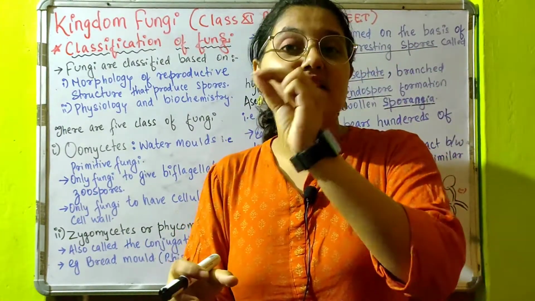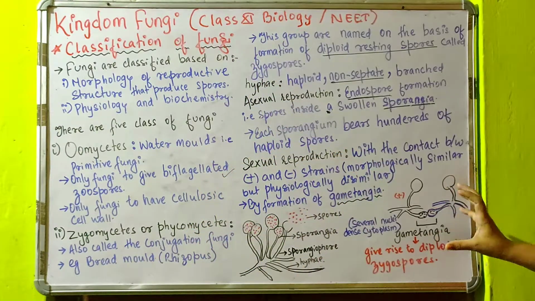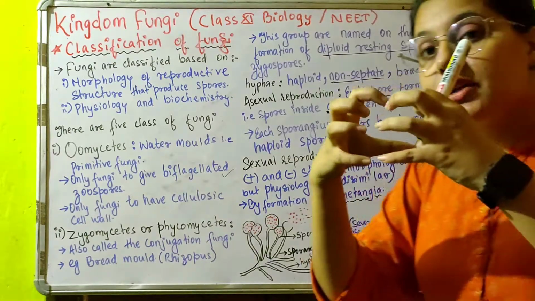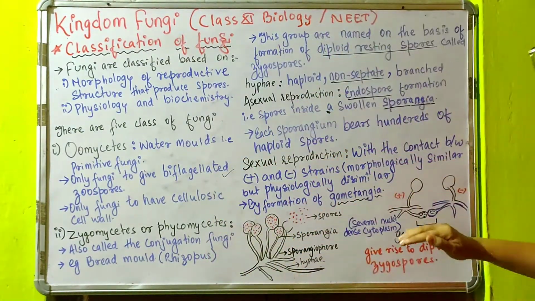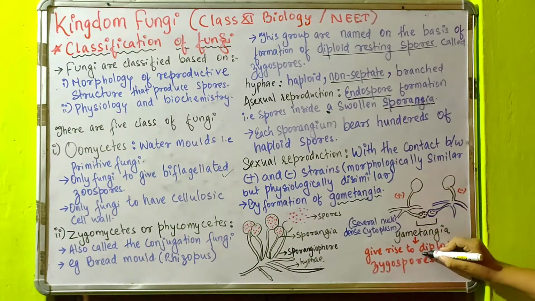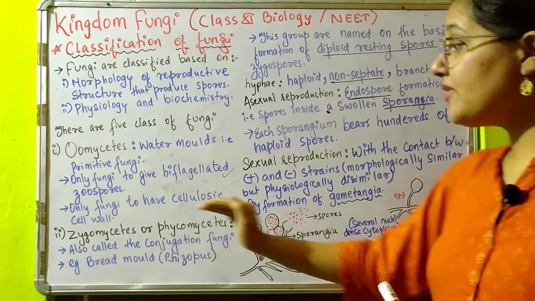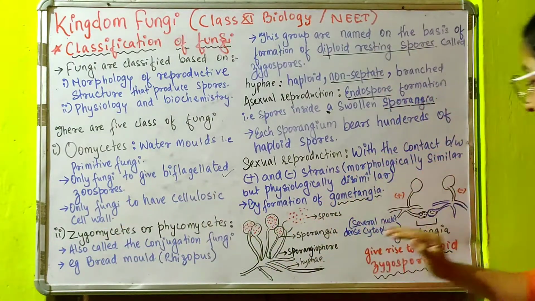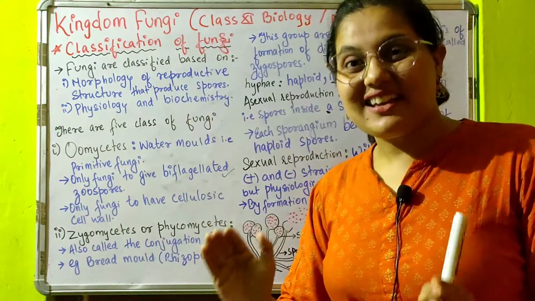This kind of structure formation, in which the swollen parts from both the hyphae join, is known as gametangia, and these gametangia will give rise to diploid zygospores. Now why have we named this zygomycetes? Because they will finally give diploid zygospores.